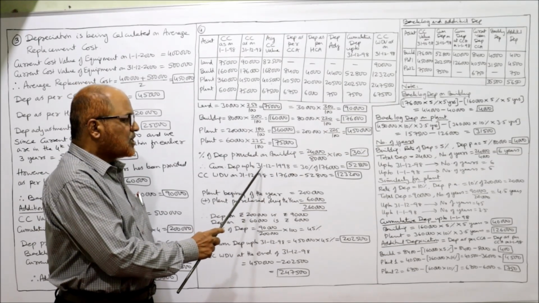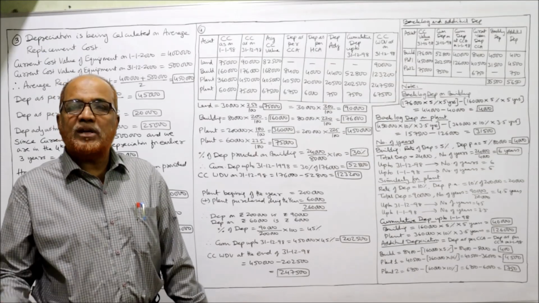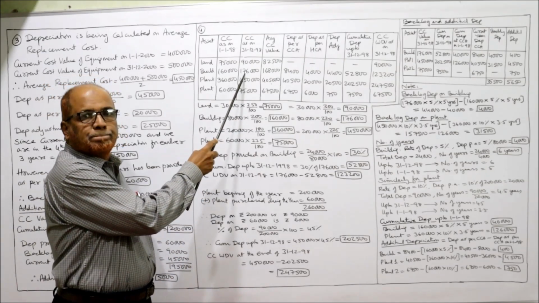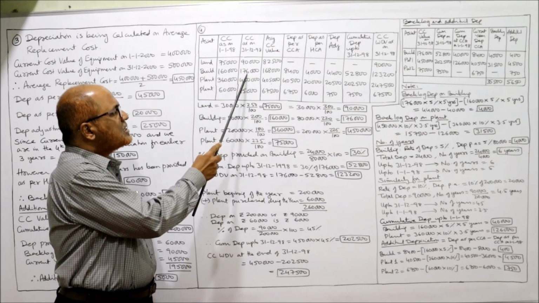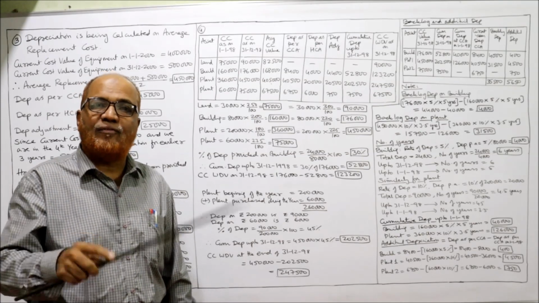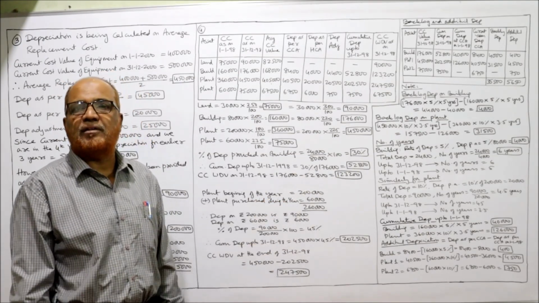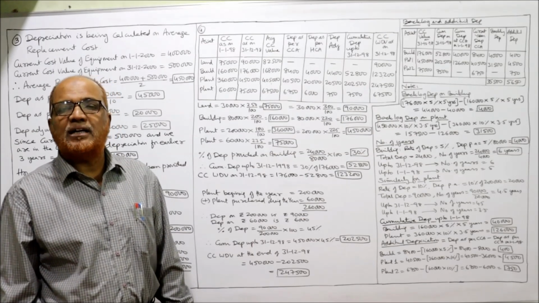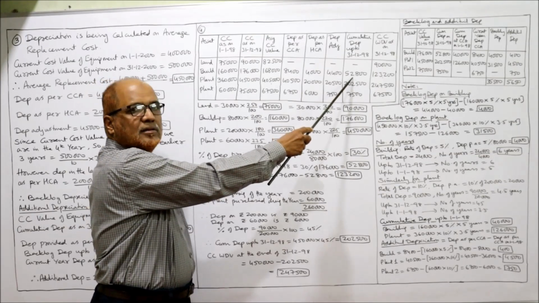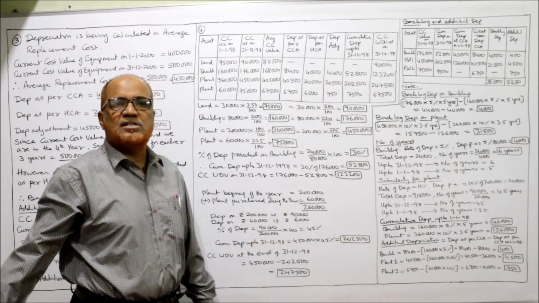Now cumulative depreciation up to 31st December is 30% of 1,76,000. What is the current cost value on 31st December? You can see here, for building the current cost is 1,76,000. So we calculate 30% of 1,76,000, which is 52,800. So 52,800 is the cumulative depreciation on building. Now we have to calculate current cost WDV as on 31st December.